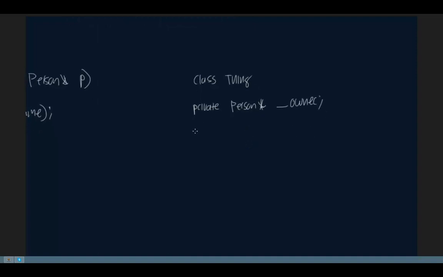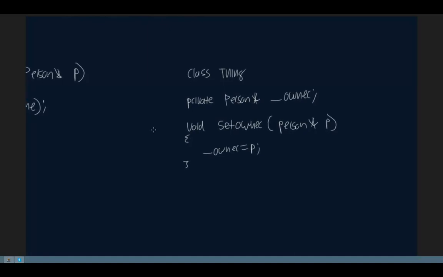Then it has a method called void set owner that takes in a pointer to a person, and let's just use p again. The void set owner method says underscore owner equals p, then it returns. Is this method correct or incorrect?